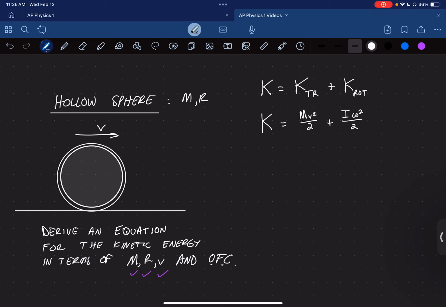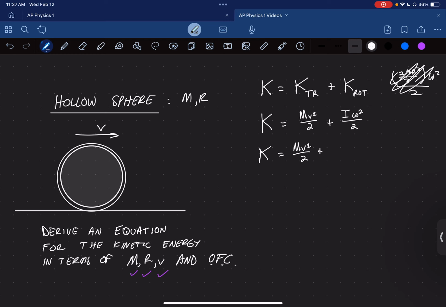mv squared over 2 plus. Now, the rotational inertia of a hollow sphere is 2/3 mr squared. And we don't want to do this where we have stacked fractions, and then we have omega squared over here.